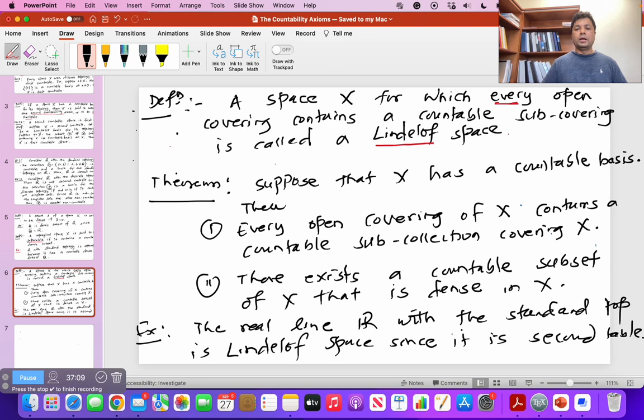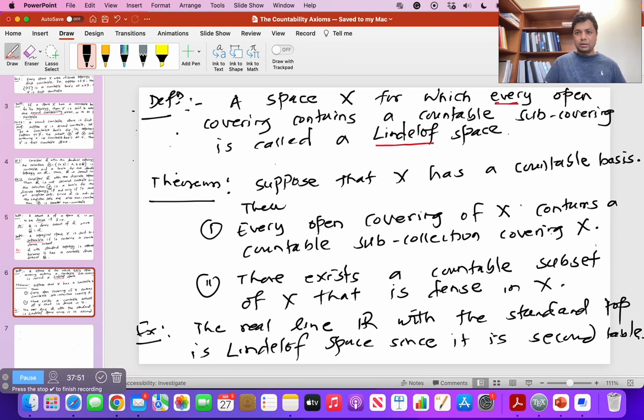We have seen that R with the standard topology is not compact, but it is a Lindelöf space. For compactness you have to have finite, but for Lindelöf you just need countable. It doesn't have to be finite. That's why the condition for compactness is stronger than the condition for Lindelöf space.